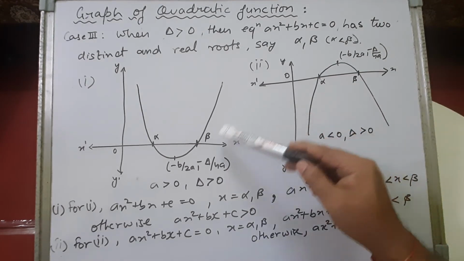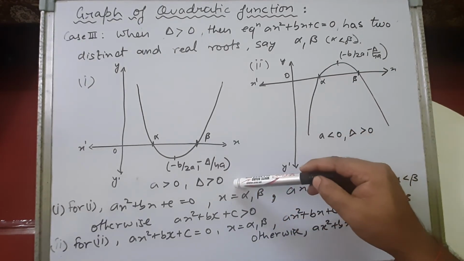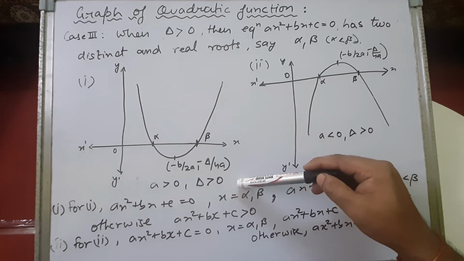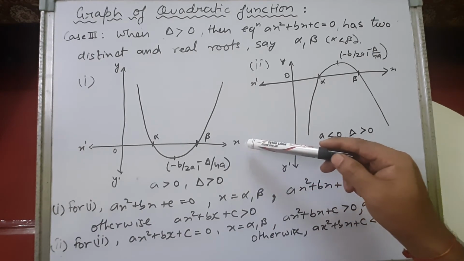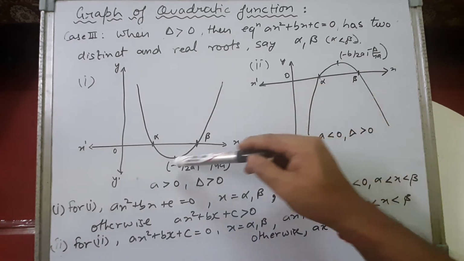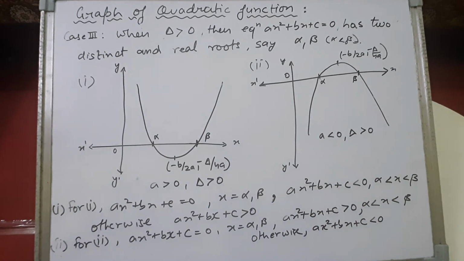So when we draw this graph, for a greater than 0 and delta greater than 0, we'll get an upward parabola. Okay. Now you can see in this parabola, the value of x is alpha comma beta when the value of the curve is 0. That means ax square plus bx plus c equals 0 at x equals alpha comma beta.